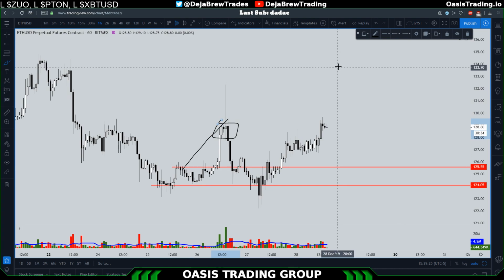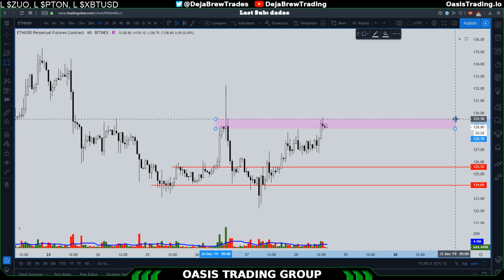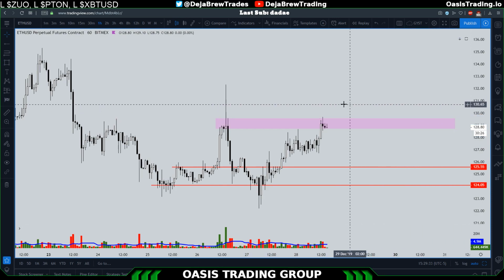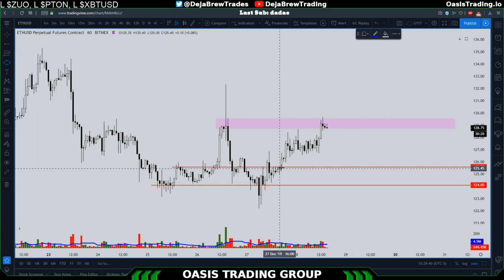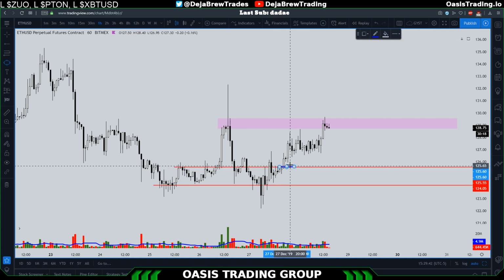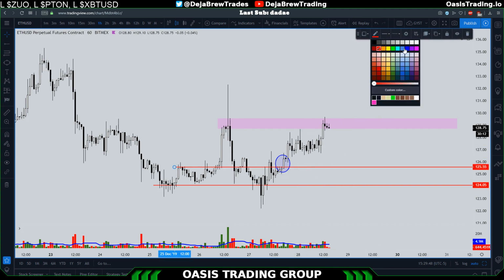You have that spike in efficiency here, which is currently being tested. And then you have your little Quasimodo kind of buy signal. You break the range high there.